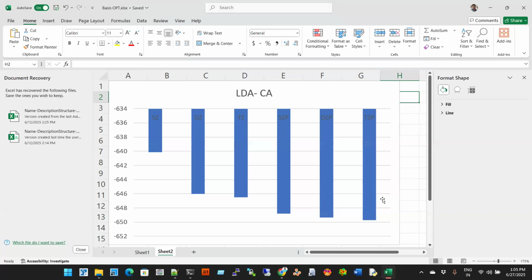From this we can see that the TZP has the lowest energy value.